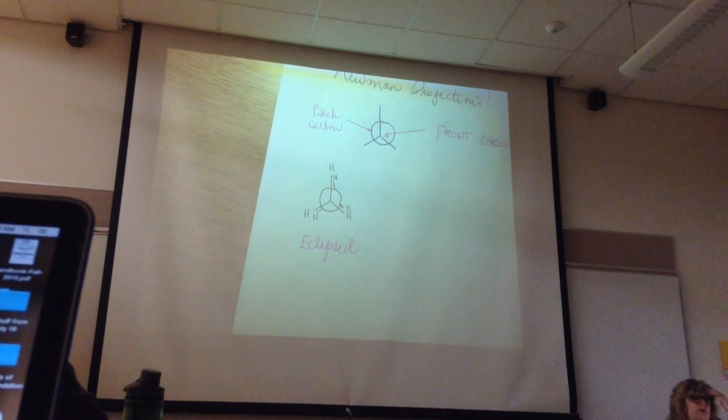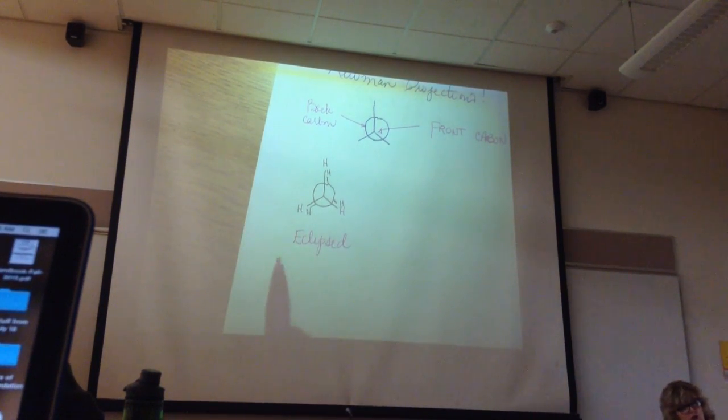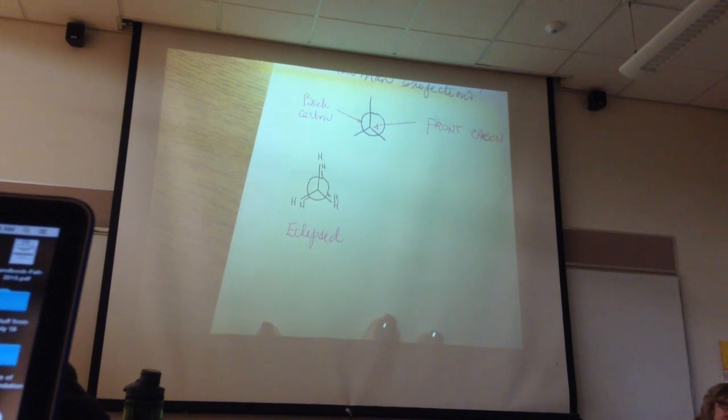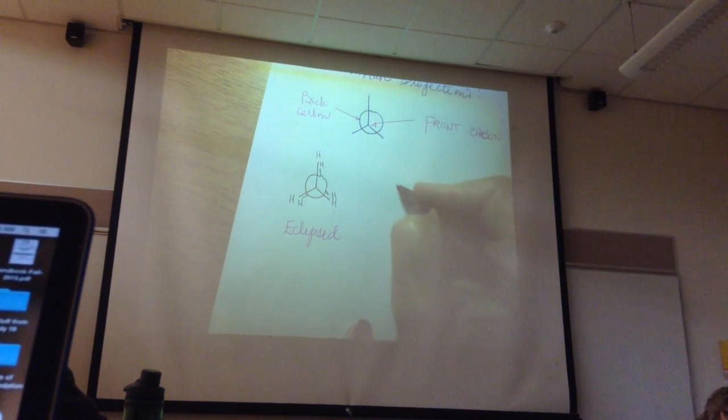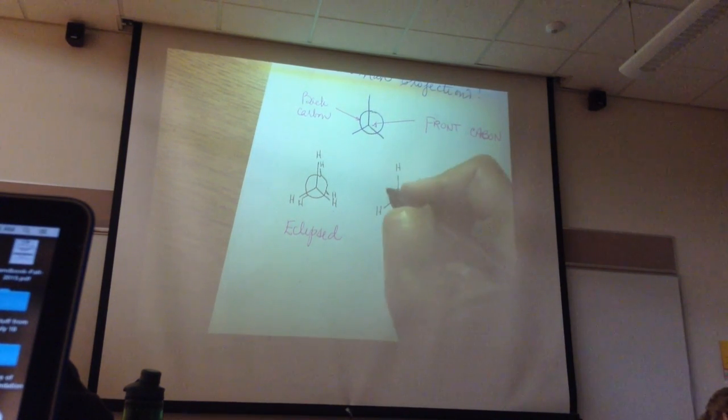The majority of the books rotate the front carbon. Your book rotates the front carbon. I have such a hard time going from a bottom Y to a top Y to a bottom Y to a top Y. I, for years and years, just rotate the back carbon, and then it all stays the same way, right? So my front still holds all the hydrogens. When I rotate the back, the hydrogens go that way.